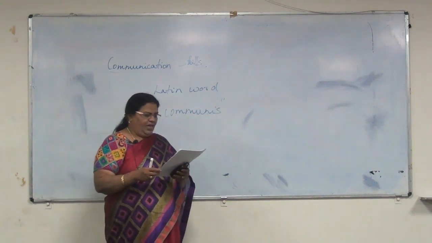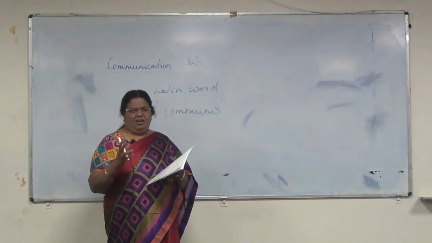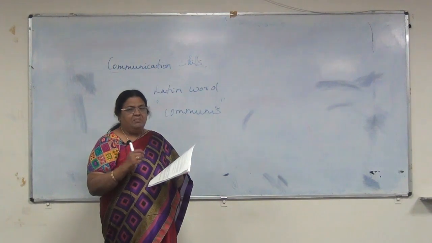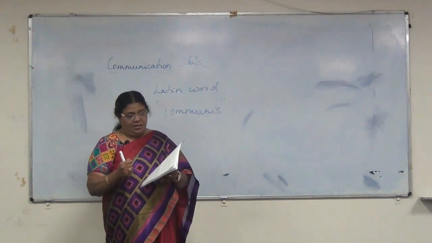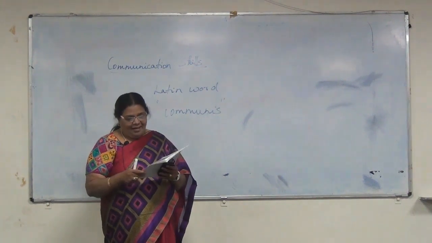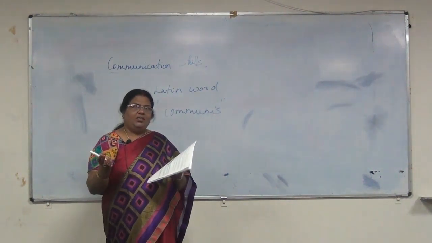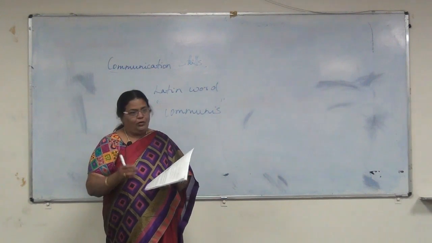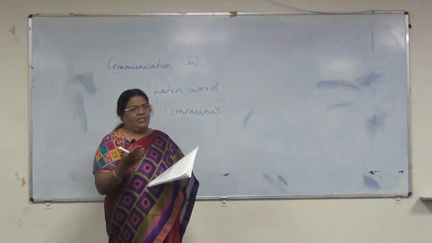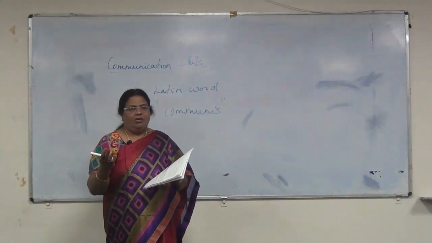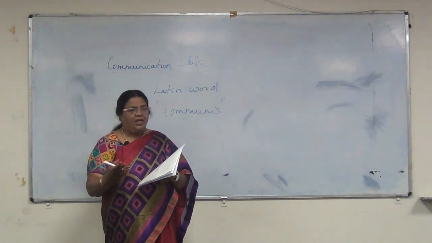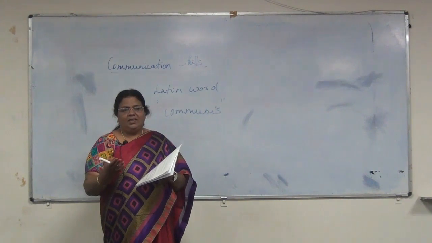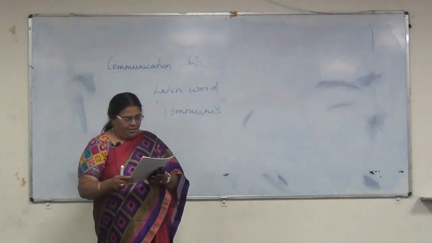For example, a face which is very flushed means that the person is embarrassed. A clenched fist may indicate anger, and the rolling of one's eyes, like how most of y'all keep doing when I say what happened in the last class, this is what I taught, you keep rolling your eyes in disbelief. Okay, so these are all nothing but non-verbal communication.